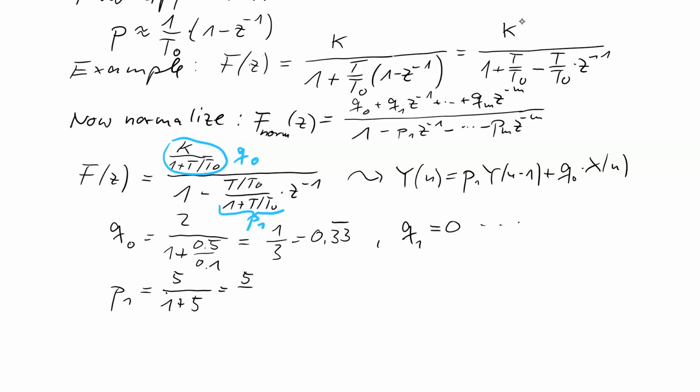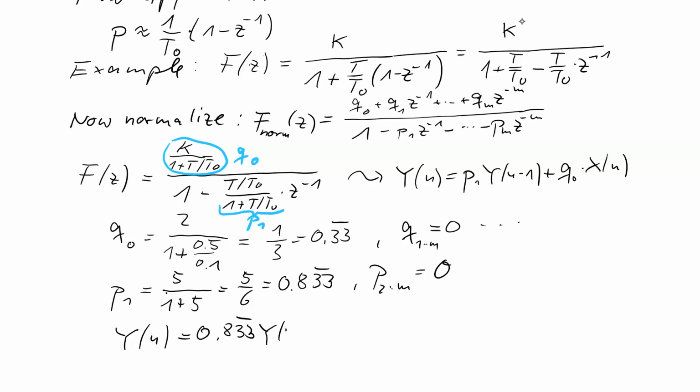This is 5 over 6, and this gives 0.833 repeated. And all other p's, p2 to pn, are 0. So my algorithm finally is y of n is 0.833 repeated times the old value of output plus 0.33 repeated times x of n. Okay, that is the third PT1 filter.